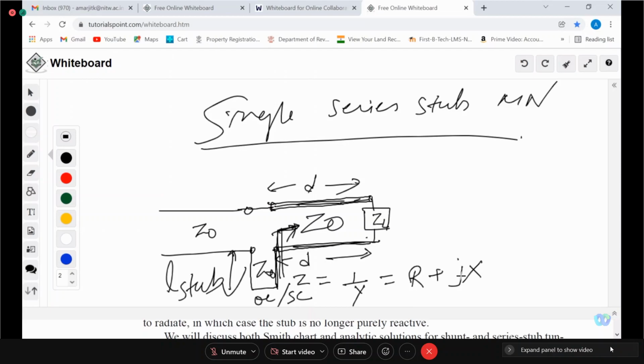And what will be the condition? The real part of Z, that is R, should be equal to Z0, and the imaginary part of Z, that is X, should be equal to minus the reactance of the series stub, because it is a series stub, so it will be cancelled.